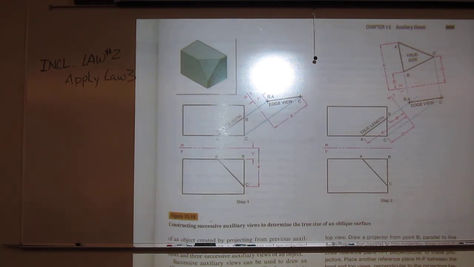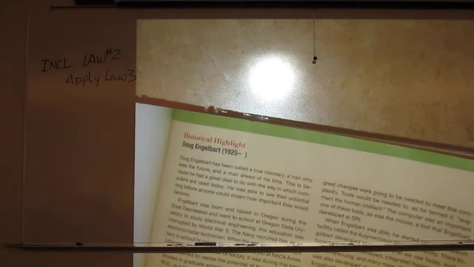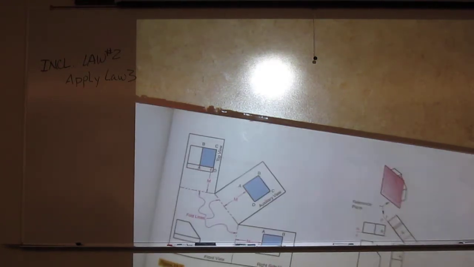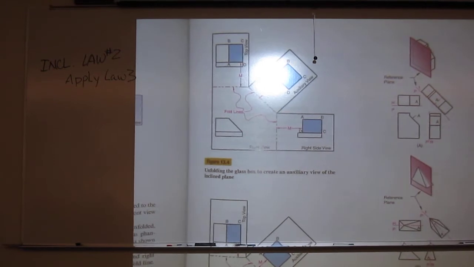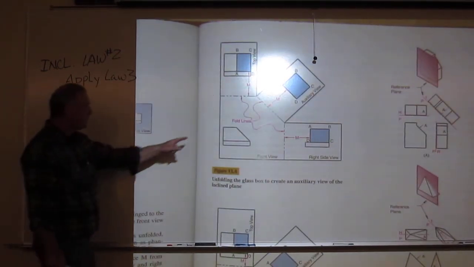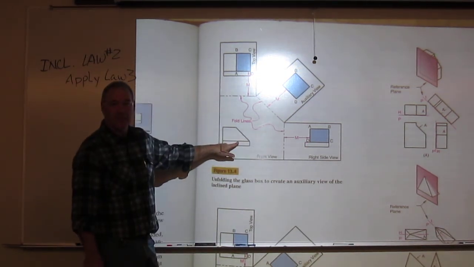Let me just go to one in this chapter, so we can make sure we summarize this correctly. Let's look at this one. So here's an inclined plane. Foreshortened, edge, foreshortened. Definition of inclined.